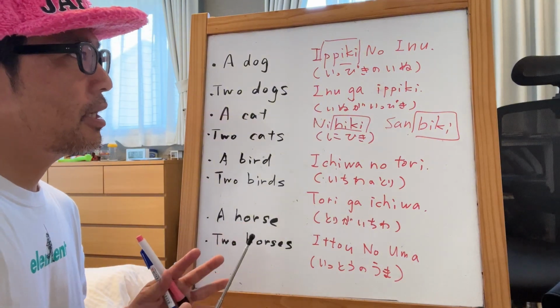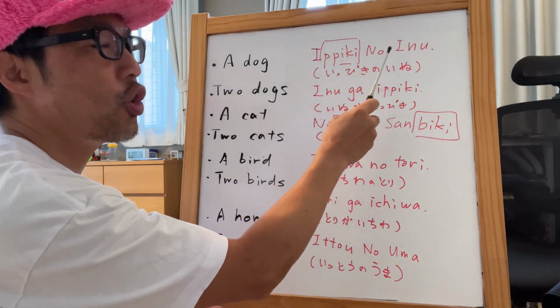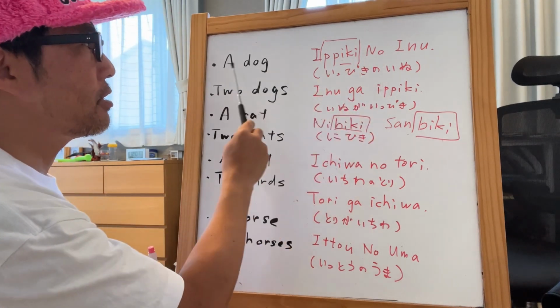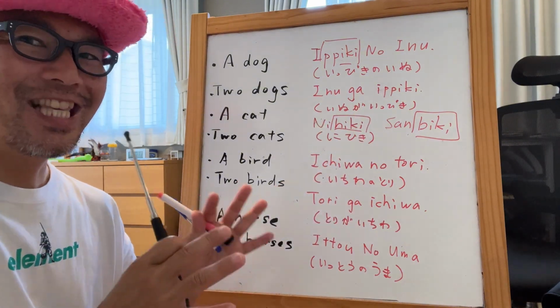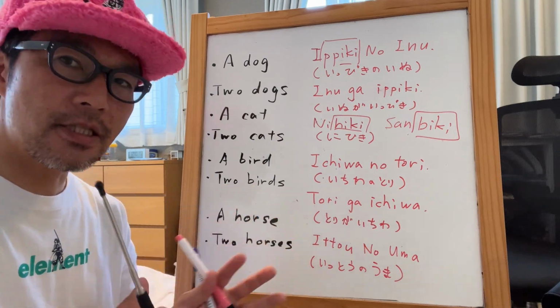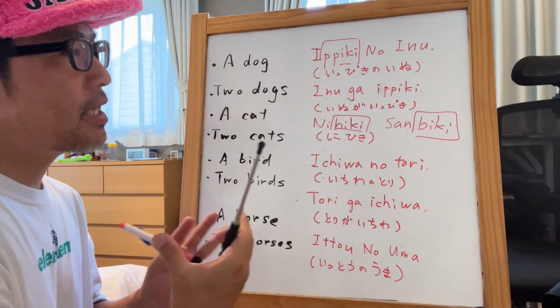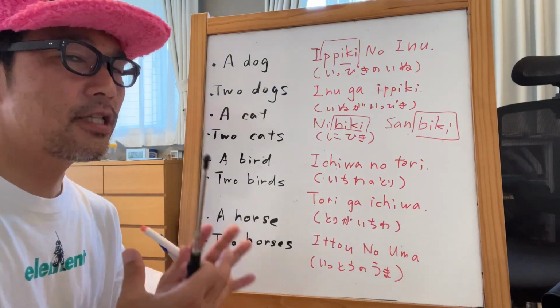So, a dog: ippiki no inu. Or you can say, inu ga ippiki imasu. Inu is dog. Imasu means there is. So literally, in English, there is a dog.